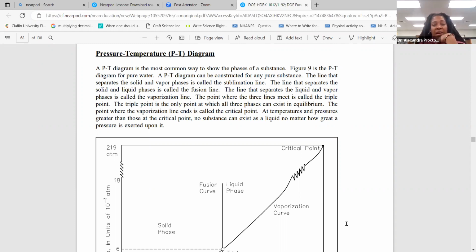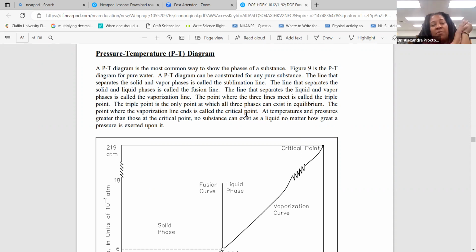A PT diagram is constructed for any pure substance, and the line that separates the solid and the vapor phases is called the sublimation line. The line that separates solid and liquid phases is called the fusion line, and the line that separates liquid and vapor is called the vaporization line.